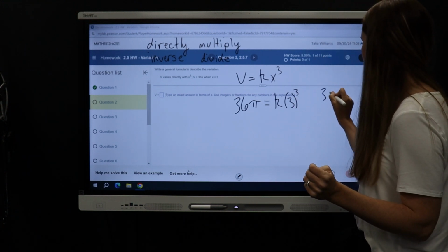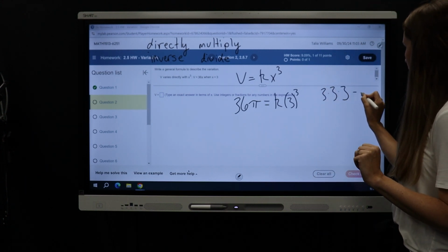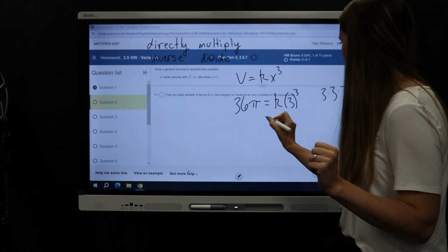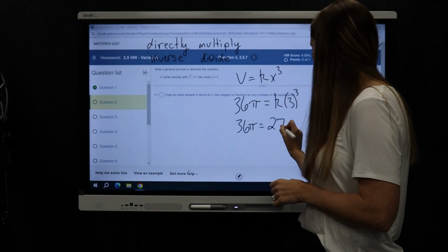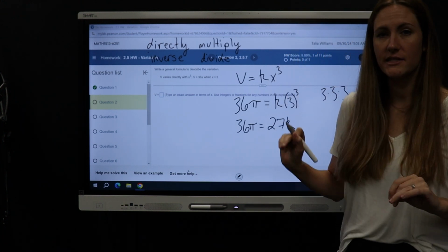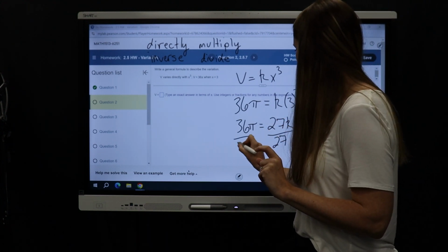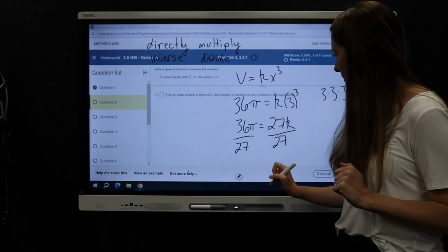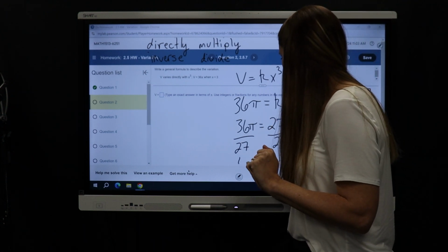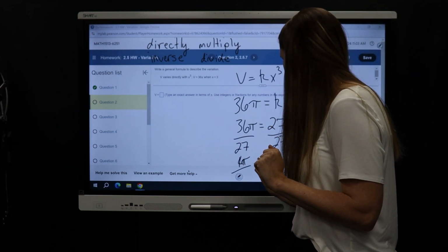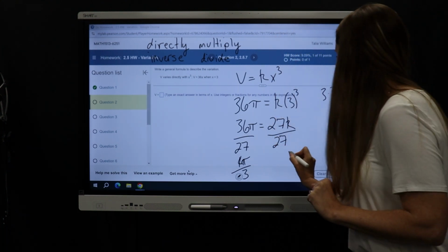This is 3 times 3 times 3, which is 9 times 3 is 27. So I'm going to have 36 pi equals 27k. Solve for k, so we're going to divide by 27. This reduces again because 9 goes into 36 and 27. 9 goes into 36 4 times. 9 goes into 27 3 times. So k equals 4 pi over 3.